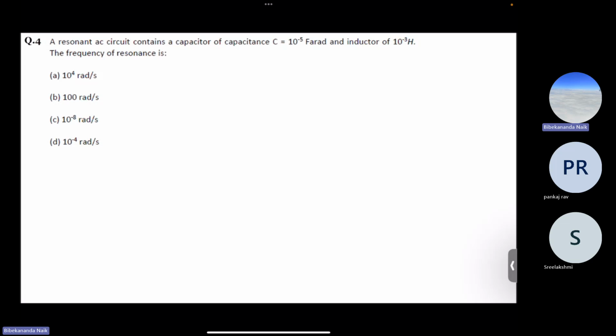The frequency of resonance is, options are option A 10 to the power 4 radian per second, option B 100 radian per second, option C 10 to the power minus 8 radians per second, and option D 10 to the power minus 4 radians per second. So these are the 4 options. I'll give you a few minutes to solve this question, and then we will discuss what will be the correct answer.